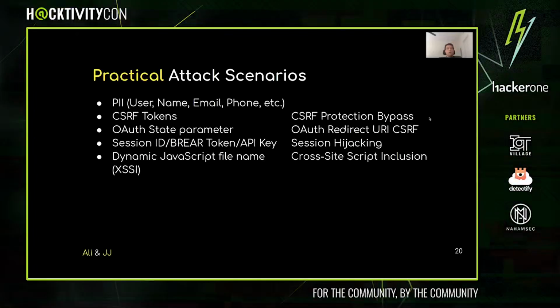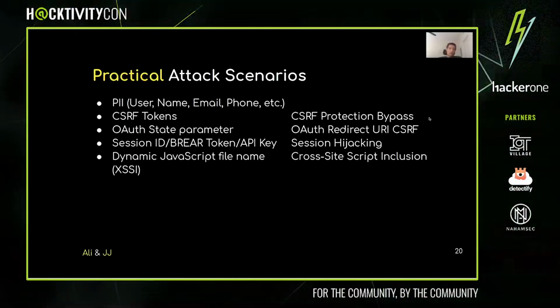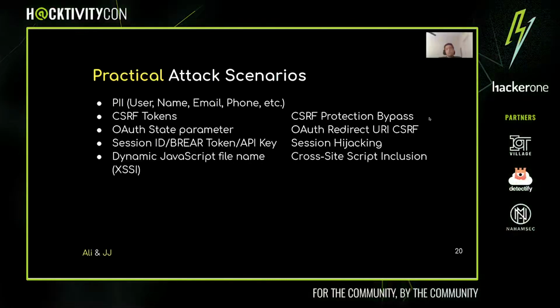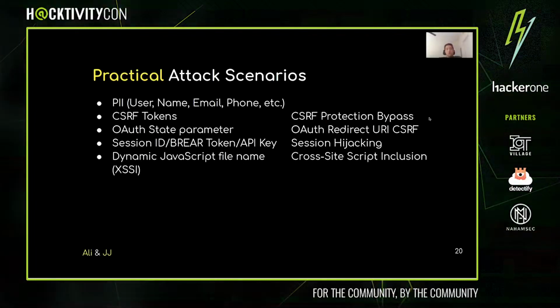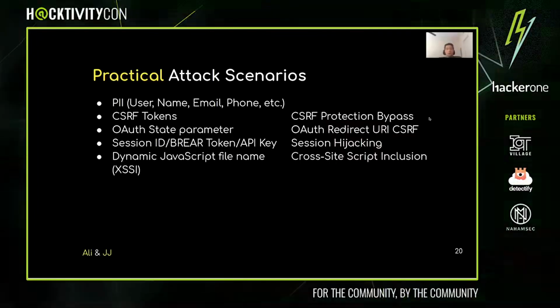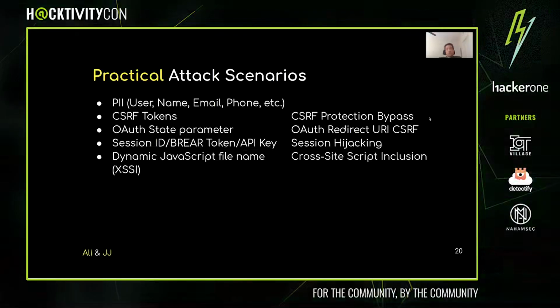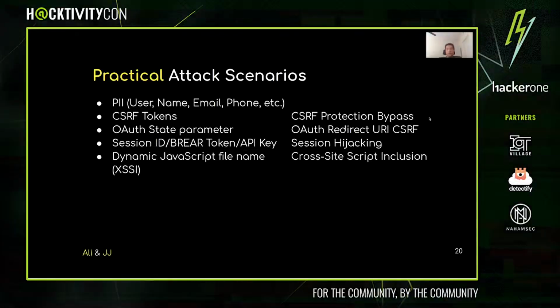Consequently, we were at times able to bypass the CSRF protection, which is only based on the CSRF token without the presence of, for example, a same-site cookie or referer check. Also, we discovered another use of the CSRF token as a state parameter in the OAuth protocol, which gave us the capability to run an OAuth redirection URL CSRF, and consequently link an attacker's accounts to the victims'.